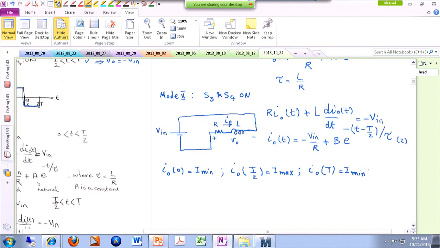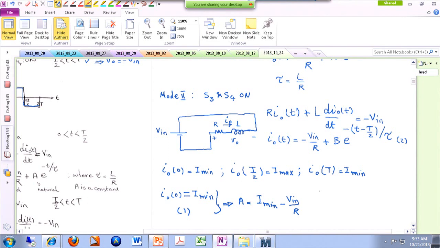So for instance, from the very first one, if I know this, and also consider equation number 1, together you can say that A turns out to be I min minus V in over R. We don't have I min yet, but later on we have to find I min.